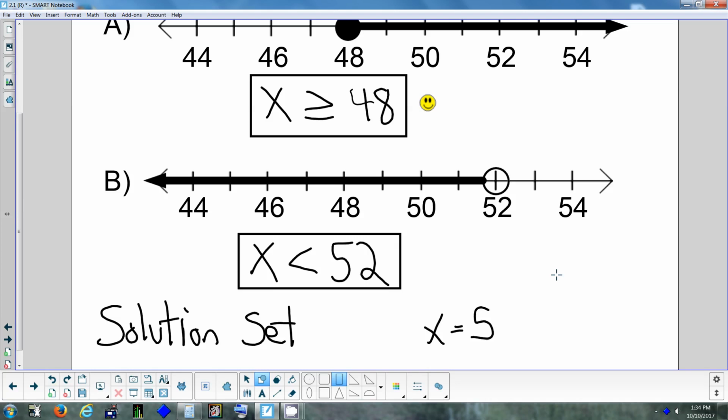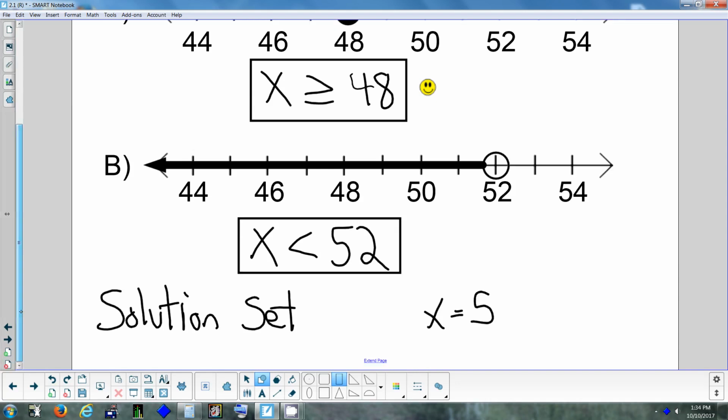What are you going to do with that number? Anybody remember from the two examples that we did? What do we have to do with that number? Plug it in, exactly. We're going to give you an inequality. Plug it in. How do we know if it works or not? If it comes out as a true statement.